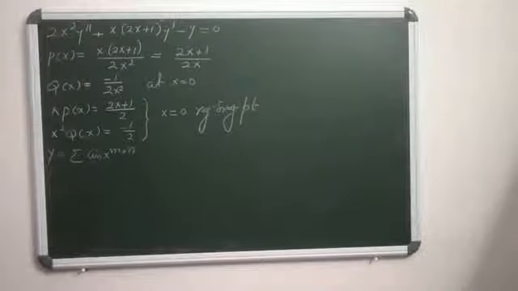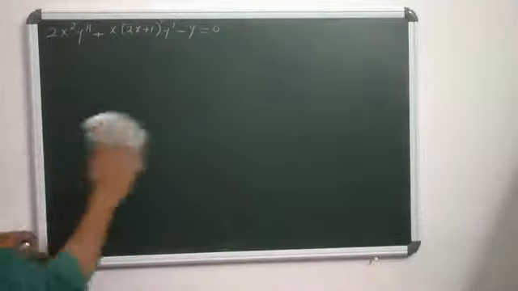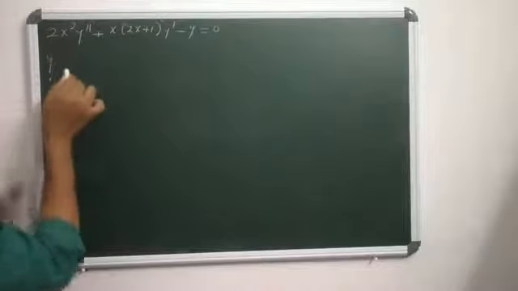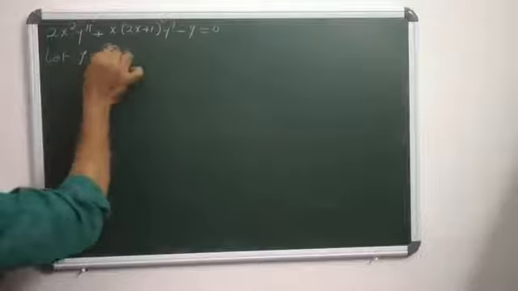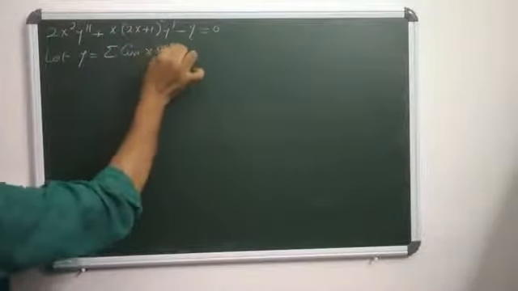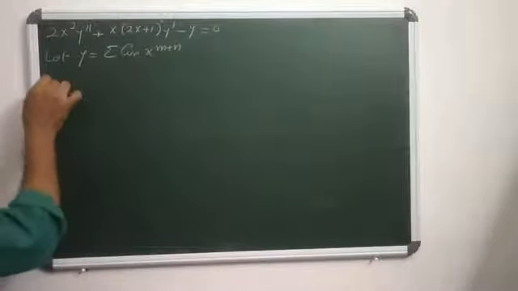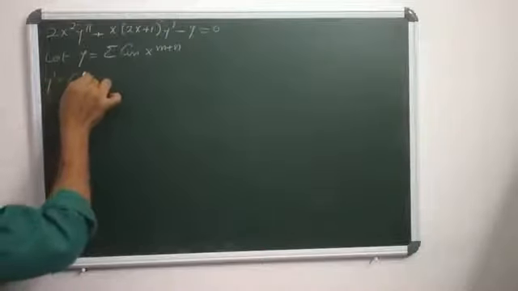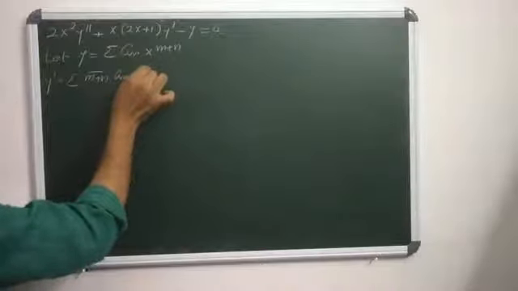Let y equals sigma with respect to n, a_n x power (m plus n), where n ranges from 0 to infinity. What about y' here? So y' equals sigma (m plus n) into a_n x power (m plus n minus 1).